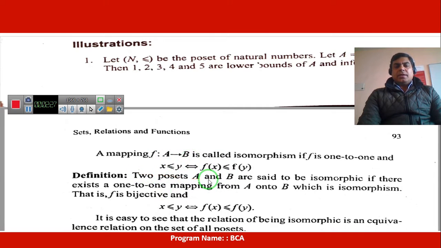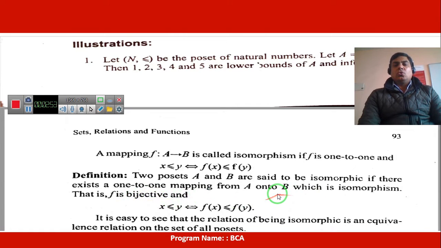Two partially ordered sets A and B are said to be isomorphic if there exists a one-to-one mapping from A onto B, onto, not into, onto. Onto means all the elements of B are mapped from the elements of A. That is, F is bijective.